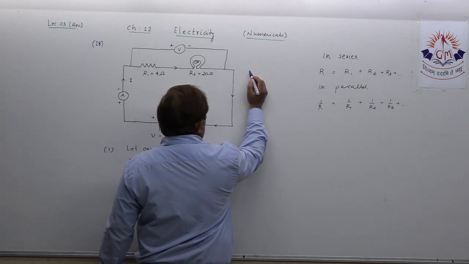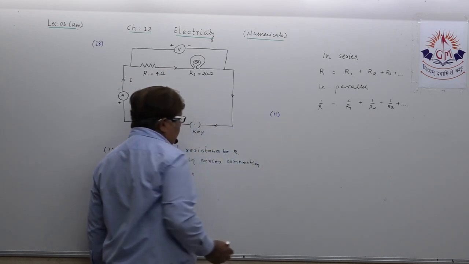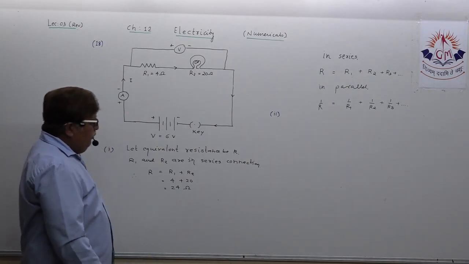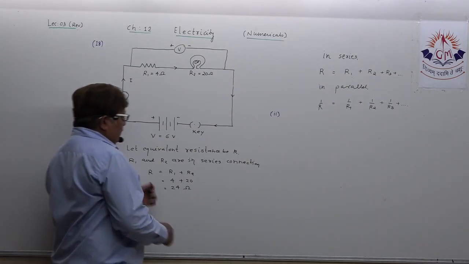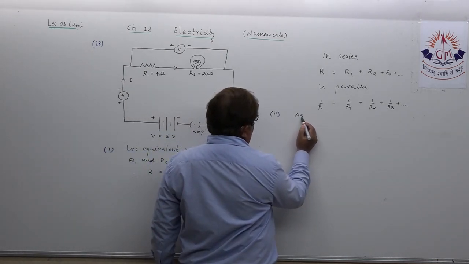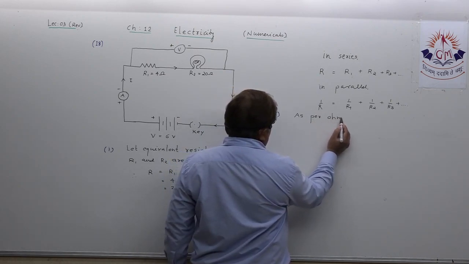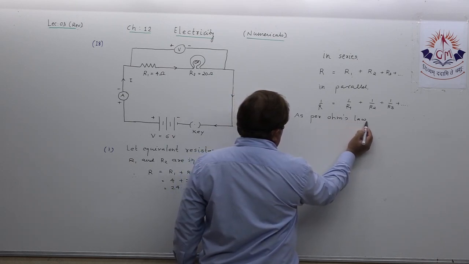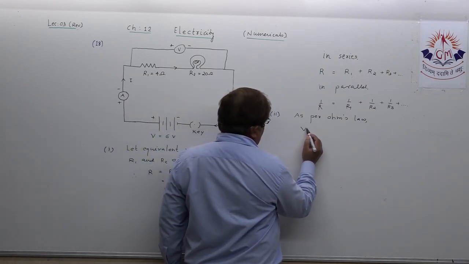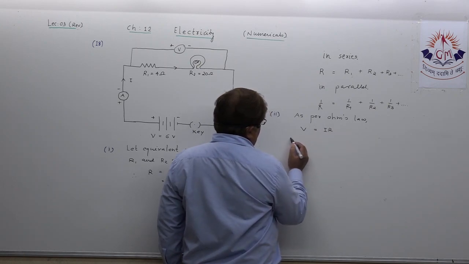Now I am carrying out the second question. What are they demanding? The current flowing through the circuit. Here, dear student, you need to mention some important points. As per Ohm's law, V equals I into R, that you know.